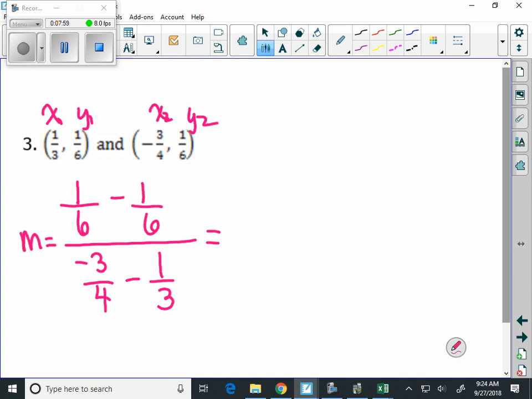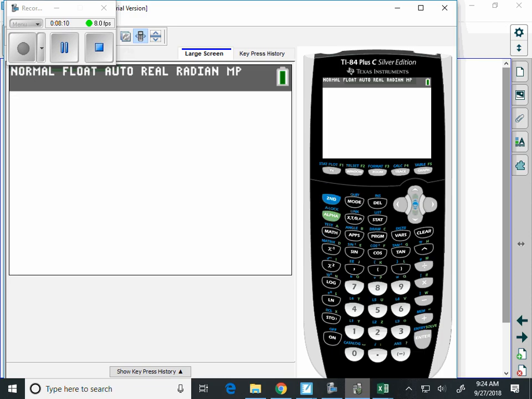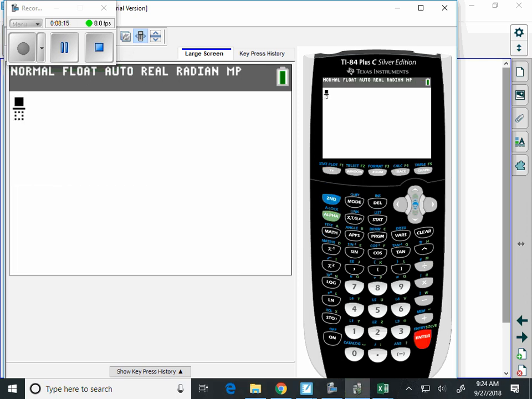So slope equals 1/6 minus 1/6 is 0. Negative 3/4 minus 1/3. Well, we can type that in our calculator. Remember, alpha y equals will give us the fraction button, and it's negative 3/4 minus, and then alpha y equals, enter, then we can put in the 1/3, and that gives us negative 13/12.